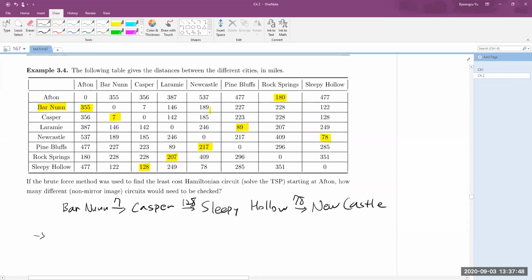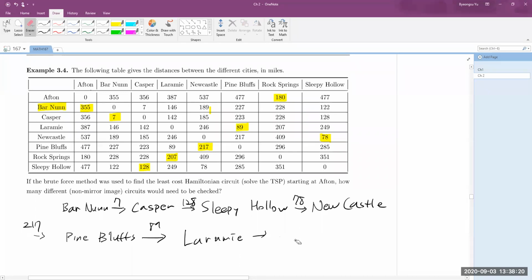Newcastle to Pine Bluffs, which takes 217 miles, and from Pine Bluffs to Laramie, which also takes the 89 miles, and from Laramie to 207, sorry, not 207, it's this distance.